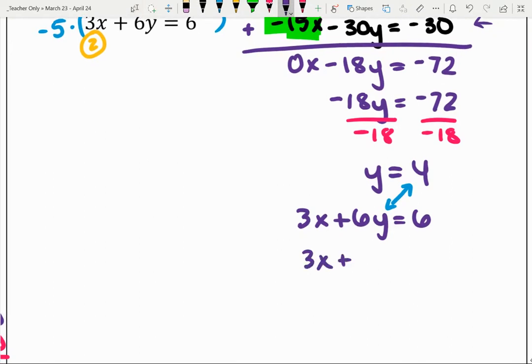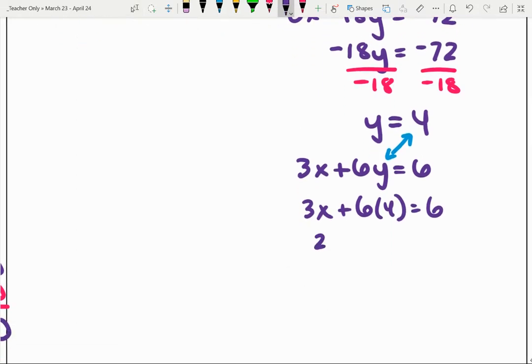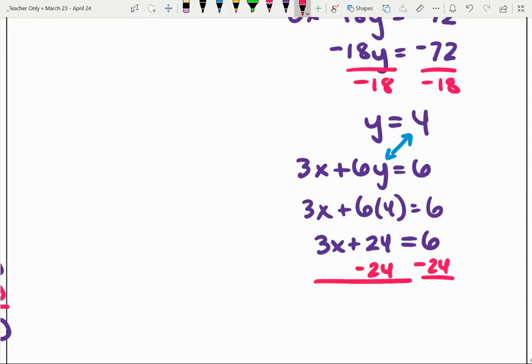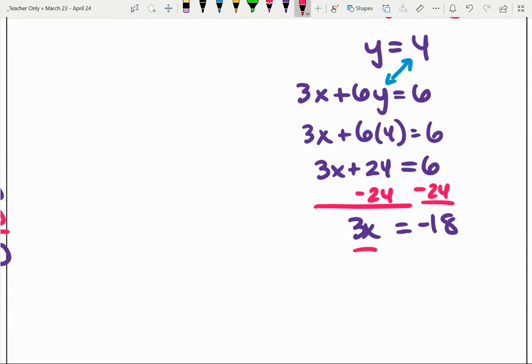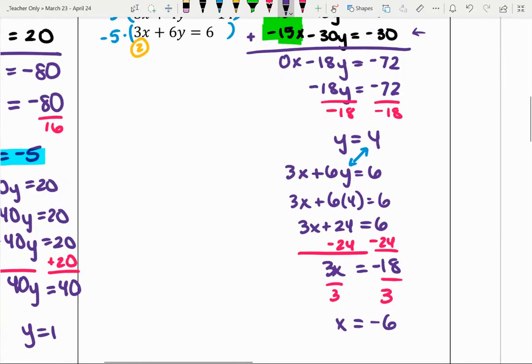So that's 3x plus 6 times 4, and 6 times 4 is 24. 3x plus 24 is equal to 6. When I subtract 24 from both sides, I get 3x is equal to negative 18. And last step here to get x all by itself is to divide both sides by 3, so I get x equals negative 6.